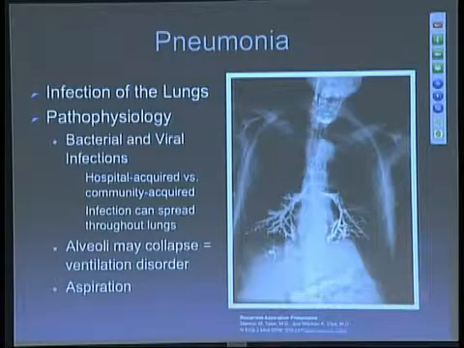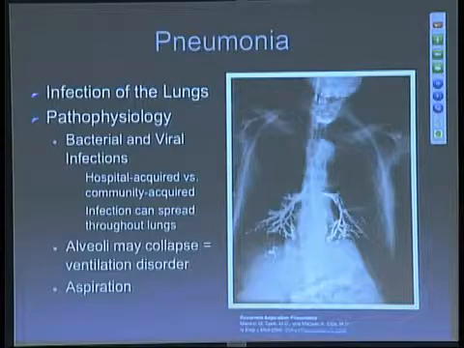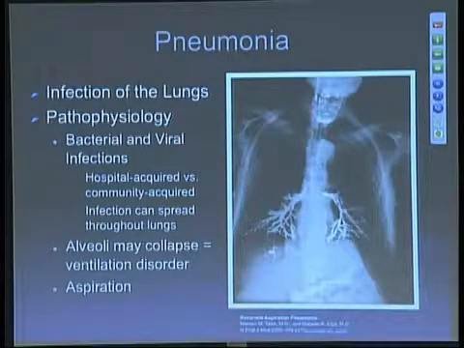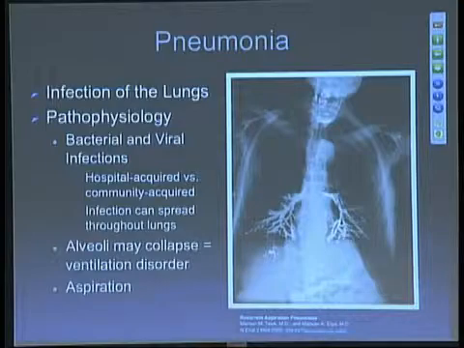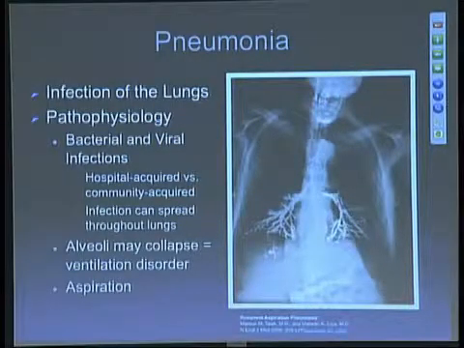Just missing a lung doesn't necessarily change your ventilation perfusion. It's a lot worse if you have collapsed alveoli, because you have blood flow through that, but you don't have air flow through it. Pulmonary emboli do the same thing.